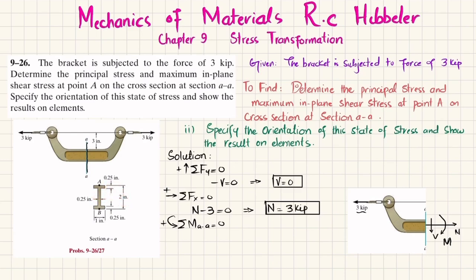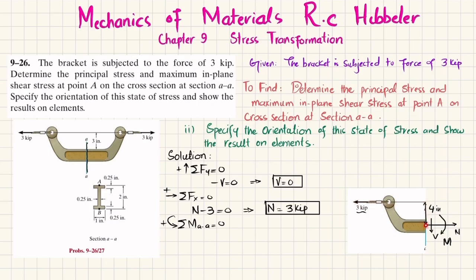So the total distance will be 4 inch. So the distance from this till the mid of this is 4 inch. Clear? So you can see a moment about section AA. This force into the perpendicular distance is 4.